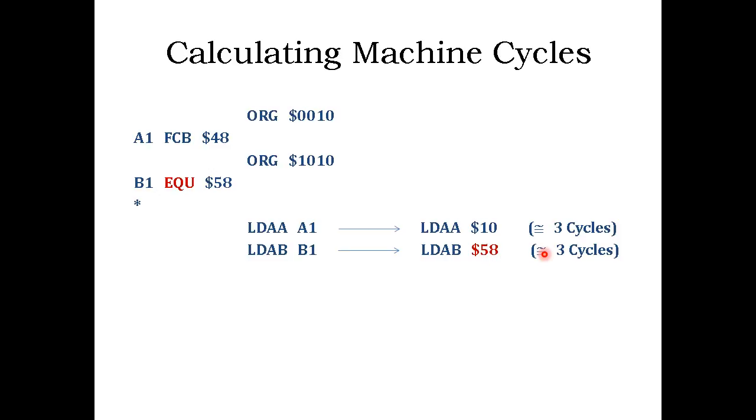This is really exciting. There are plenty of interesting things that can be done just by the pseudo op. Anytime you write EQU, that will be replaced by the value of the variable. So B1 was a variable, right? The value of B1 is 58. What do I mean by the value? Meaning the content. And before that, when I was using FCB, that was replaced by the address of B1.